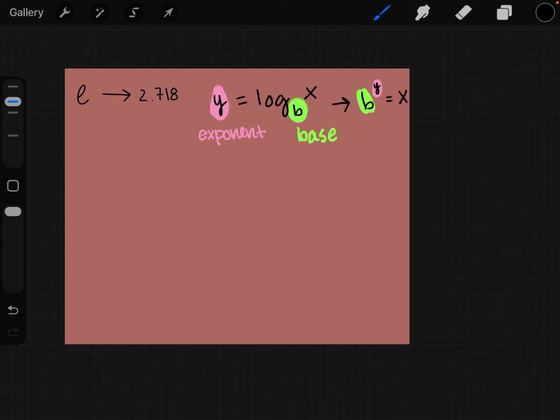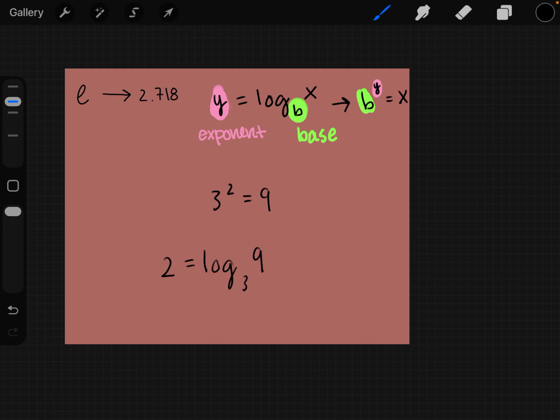All right. Now we're going to do the opposite. Now we need to write this in logarithmic form. So this is our base. This is our exponent. All that's left is 9.